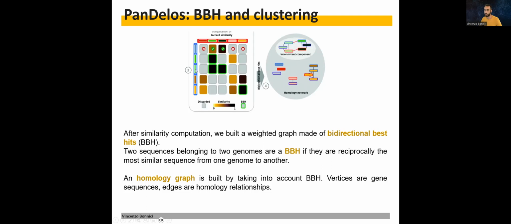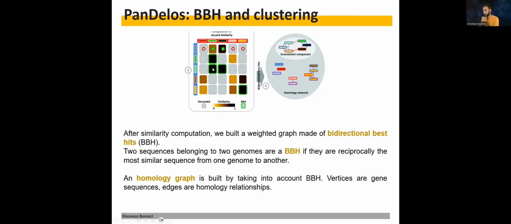In this case, we take this green gene: there is a very low similarity with these three genes, but it has a similarity of 1 with these other 2 genes of the second genome. Since it's reciprocally the same also for these green genes, this specific pair is considered a bidirectional best hit.